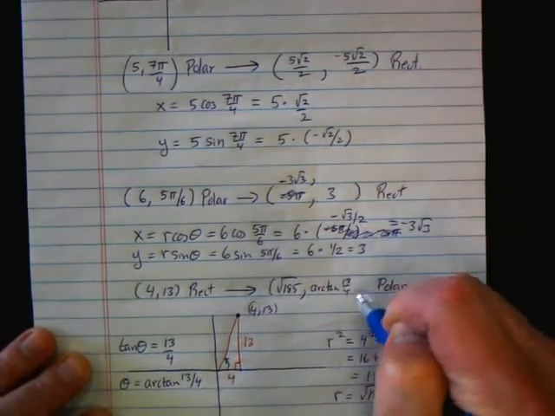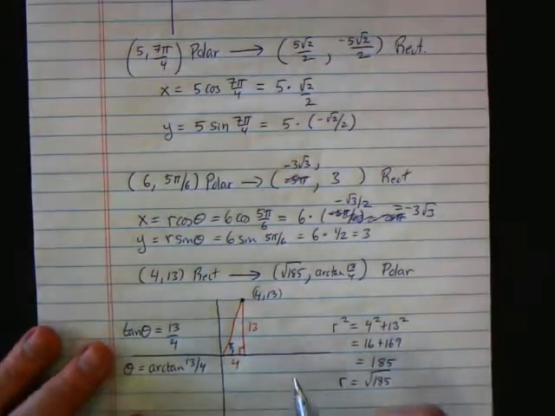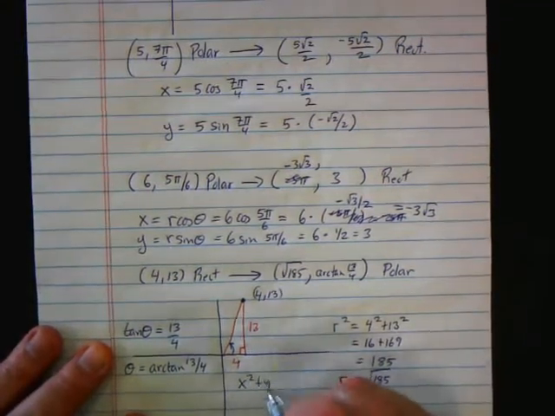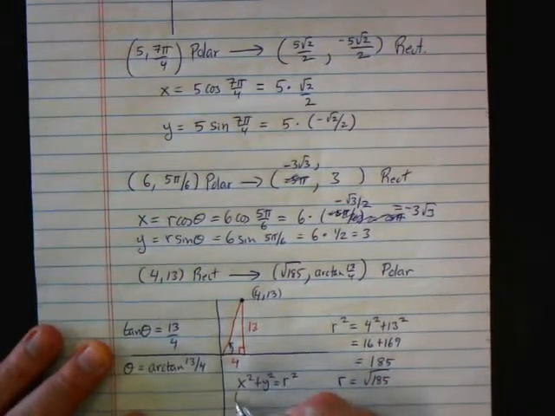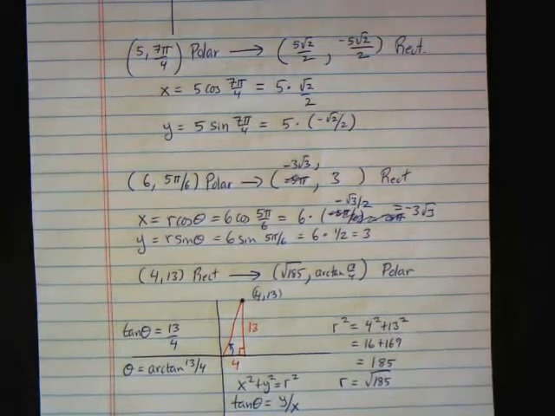I don't think that's a nice number, so I'm just going to leave it as arc tangent of 13 over 4. So basically we used two identities there. We used x squared plus y squared has to equal r squared. And tangent of theta is y over x.